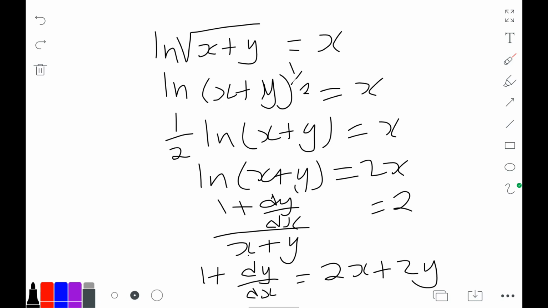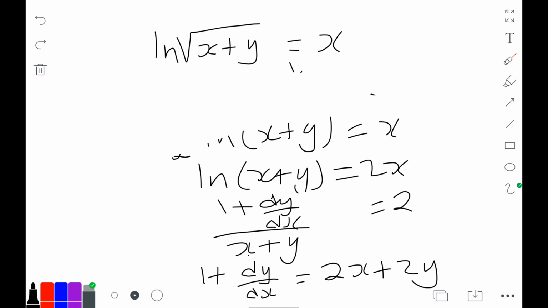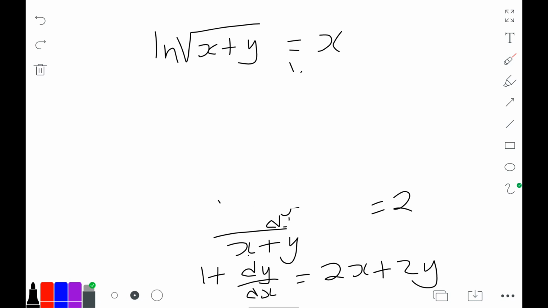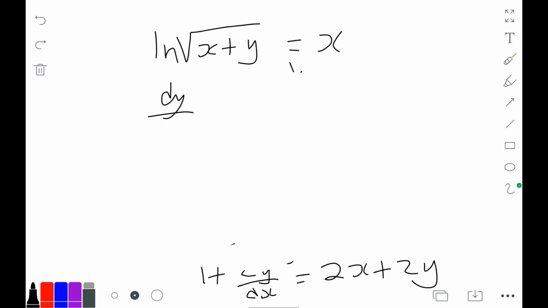Let me erase the upper part to have space to write. Now we have dy over dx equal to 2x plus 2y minus 1. The 1 goes to the other side.